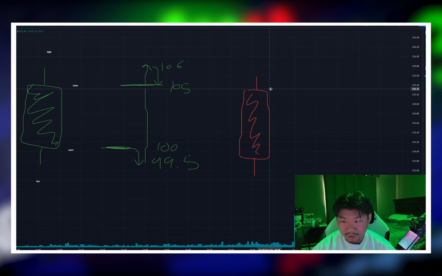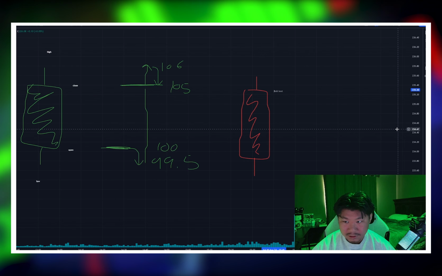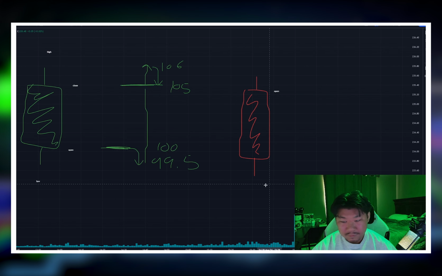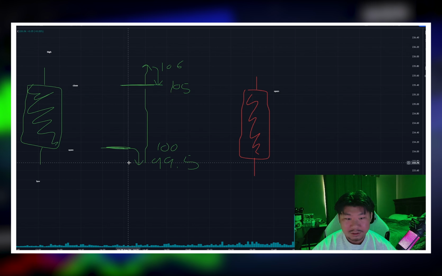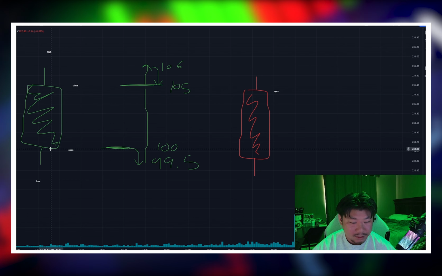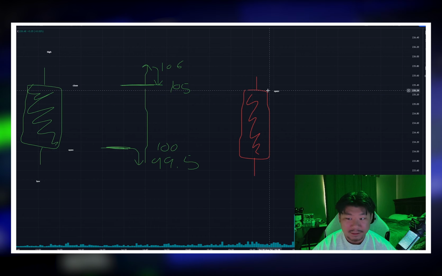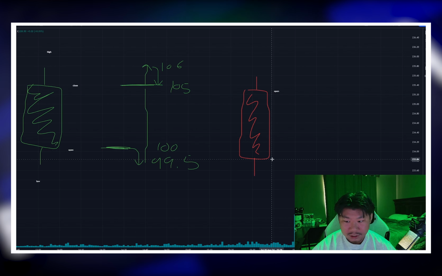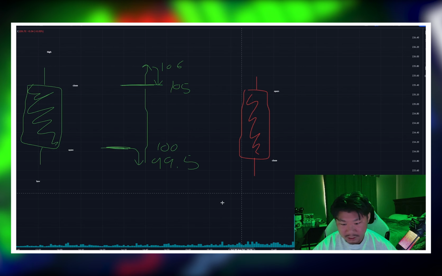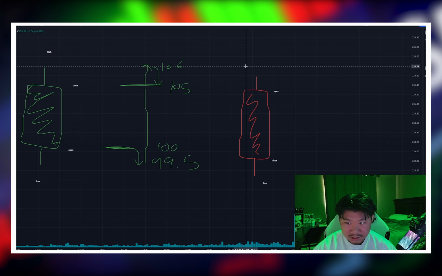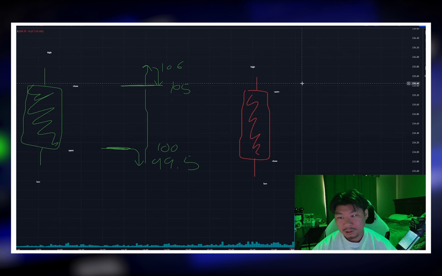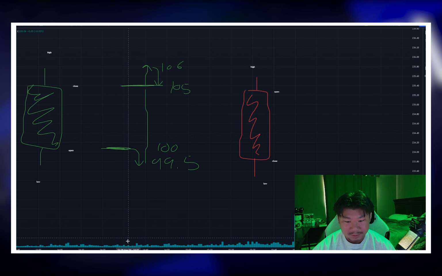So right over here, what we have is the open. For the green and red candles, it's basically flipped. So how the open is at the bottom on the green candle, it's going to be at the top on the red candle. So this is going to be the close of the red candle. This is going to be the low still, and then this is going to be the high. So it's the same principle as this example right here.